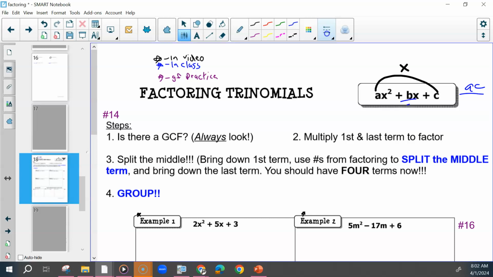So it's kind of similar to the a equals 1 trinomials, but a little different. And then once we get those 2 numbers, we're going to rewrite this trinomial into 4 terms, this polynomial. Taking this middle term, splitting it into those 2 new numbers, and then we factor by grouping. So it sounds like a lot, it is a lot, so we'll take that step by step.